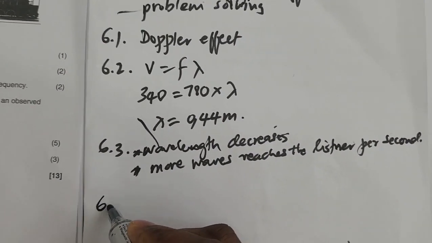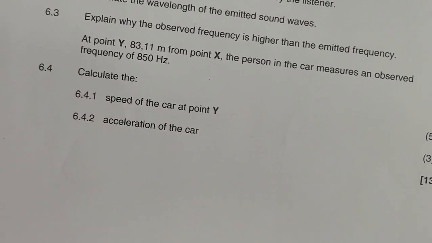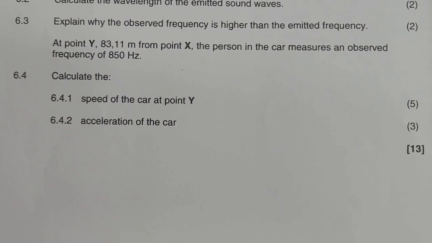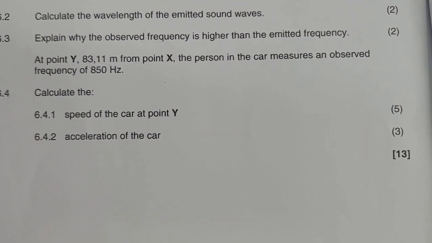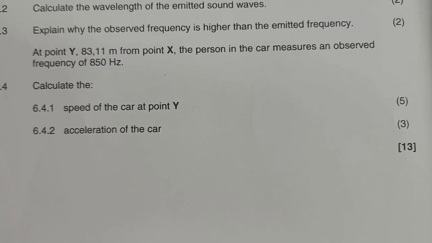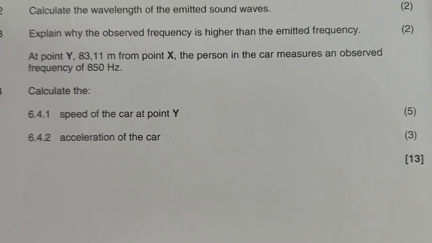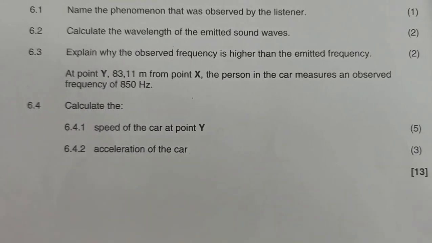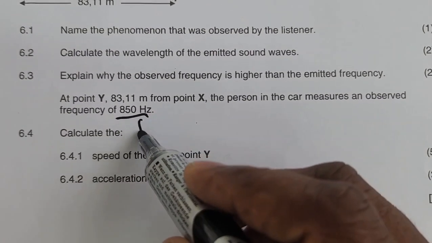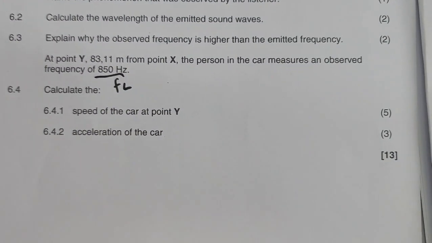In this case, 6.4. They now say, according to the statement, Y is 83.11 meters from X. The person in the car measures the observed frequency as 850. Now we have this as frequency of the listener, the detector.